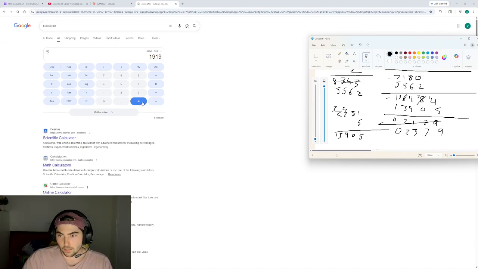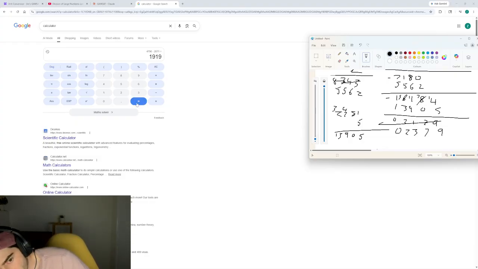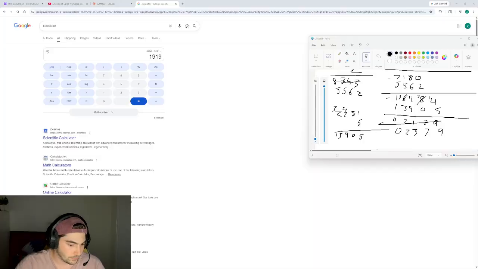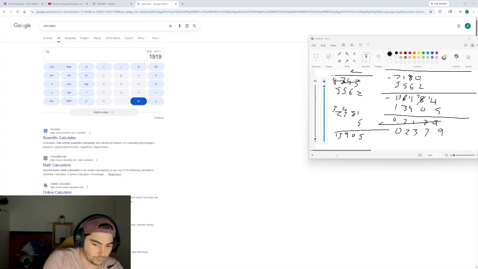How did Claude get it? I don't understand this last thing that it's saying. It says the remainder is 1559. And then it said if you want it as a decimal, continue past the decimal point by bringing down zeros.